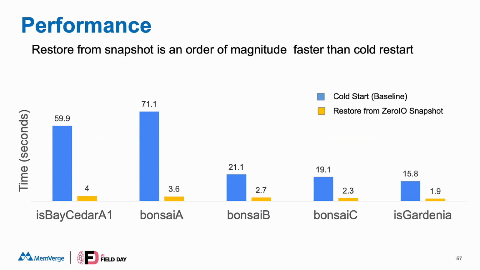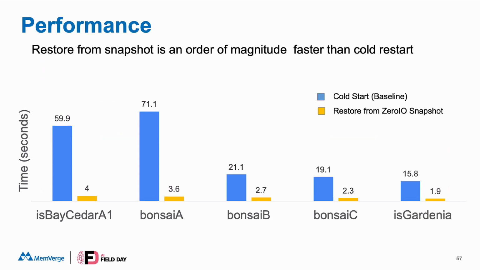The blue bars correspond to starting Maya fresh by reloading the data from the disk, for each model. And the yellow bars correspond to the time it takes to restart Maya directly from our snapshot. The snapshot is taken once after Maya loads the data set, and then if Maya crashes, we can restart from the snapshot.